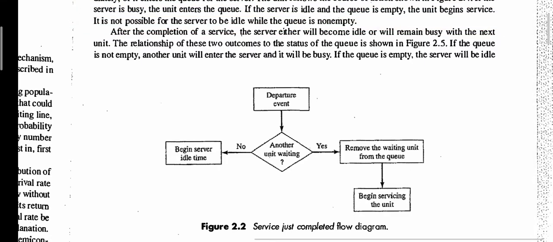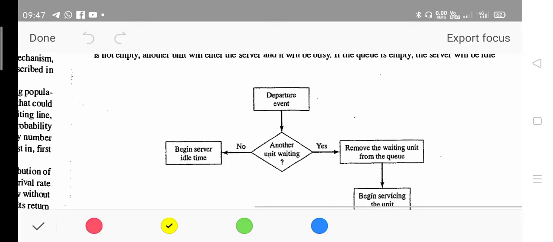Idle time for the server will start, and that idle time is possible only if there is no other person waiting in the queue. If none of the other members are waiting in the queue, the server will go to the idle state. Otherwise, if somebody is waiting in the queue, the server cannot be idle.